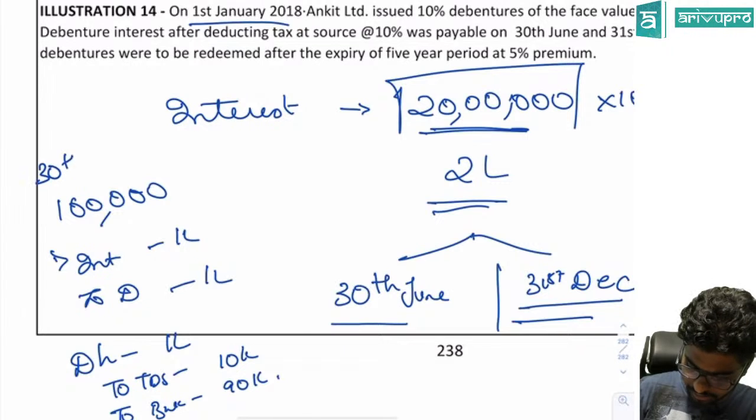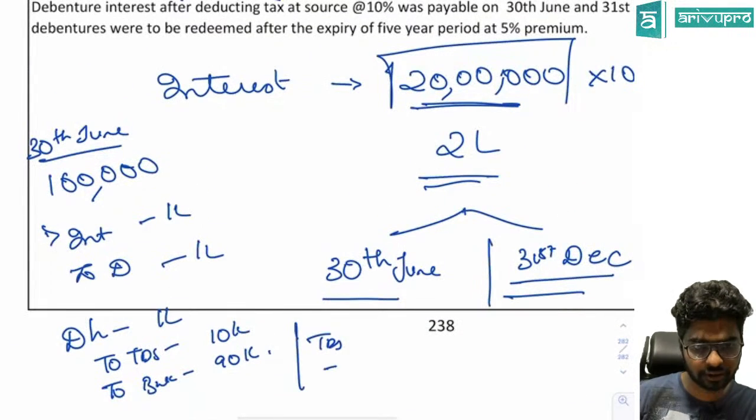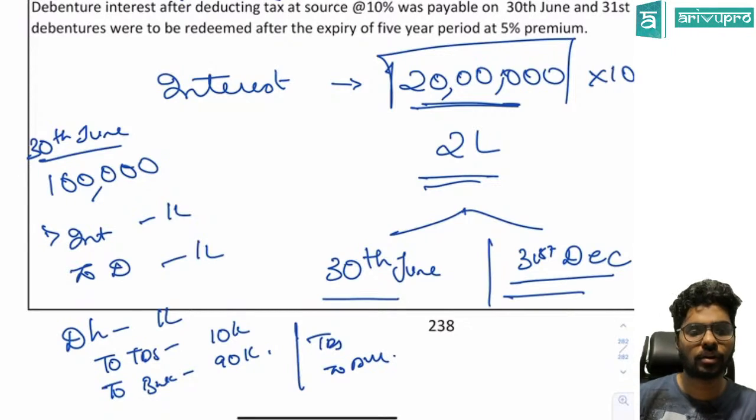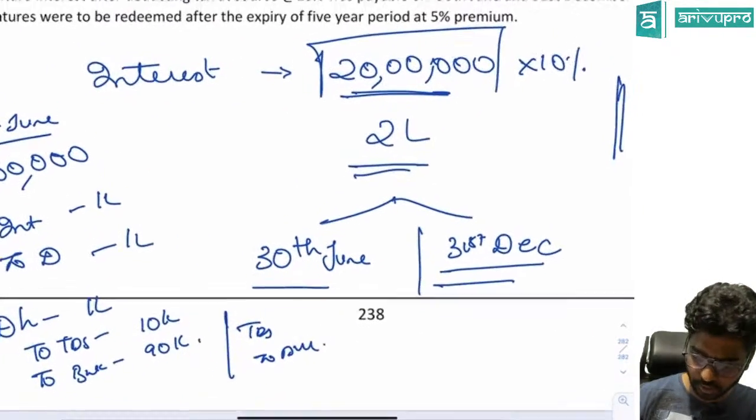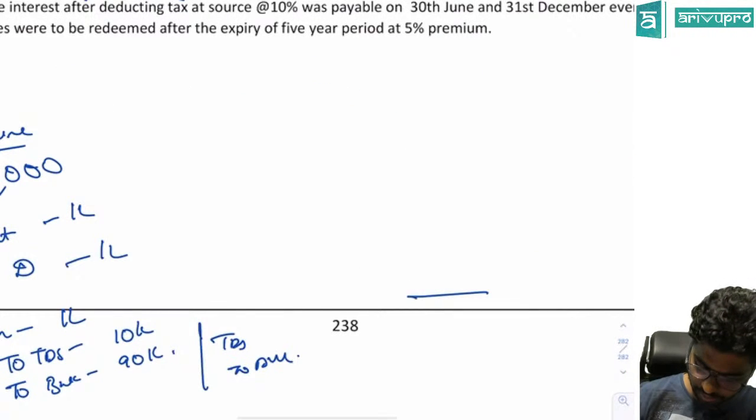This is going to be on 30th June, and then TDS to bank. Same thing will continue for 31st December also.